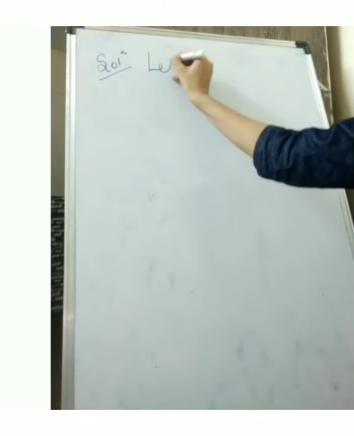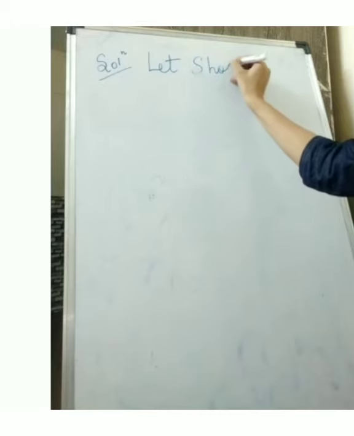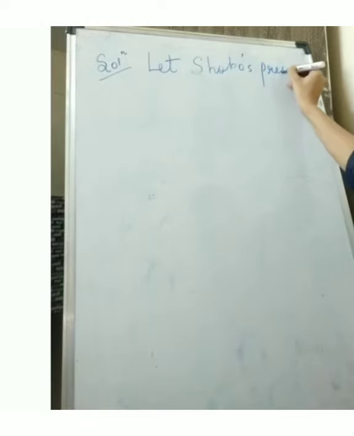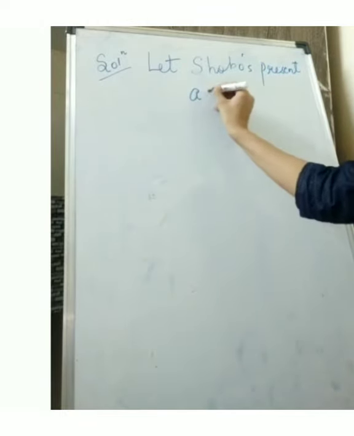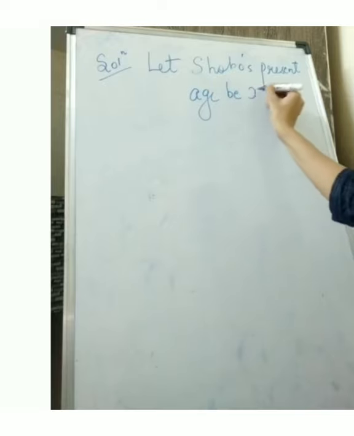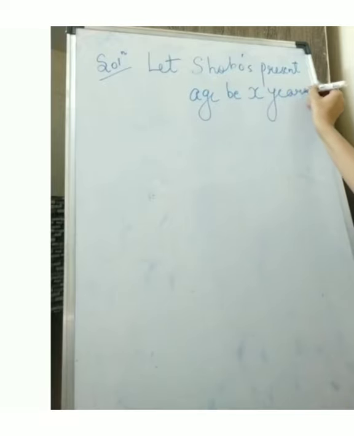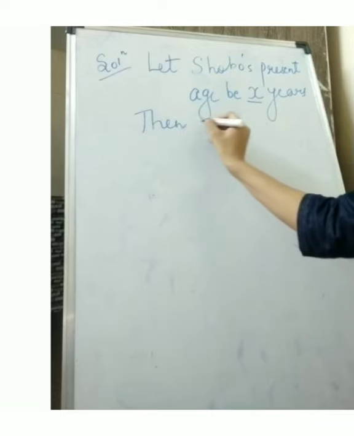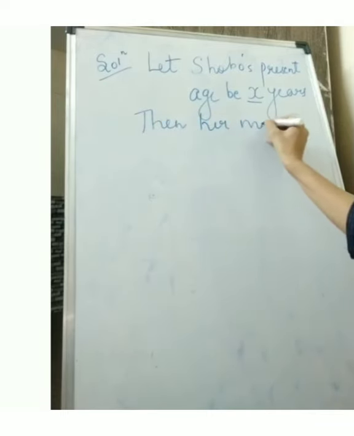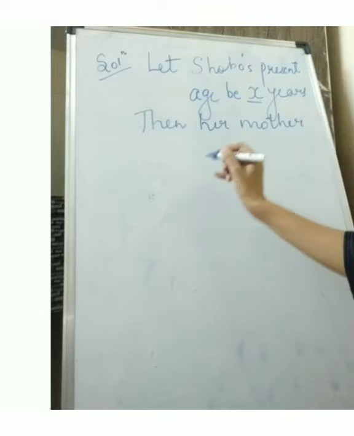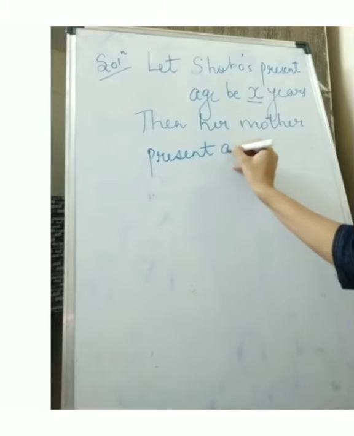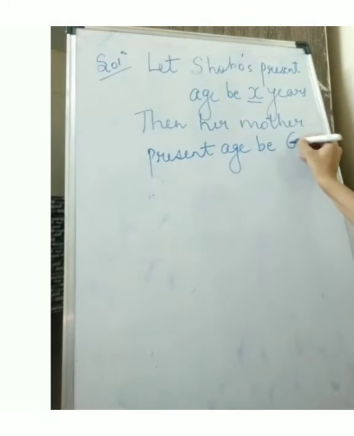Okay. Now let Shobhu's present age be x years. Then her mother's present age be 6x years.